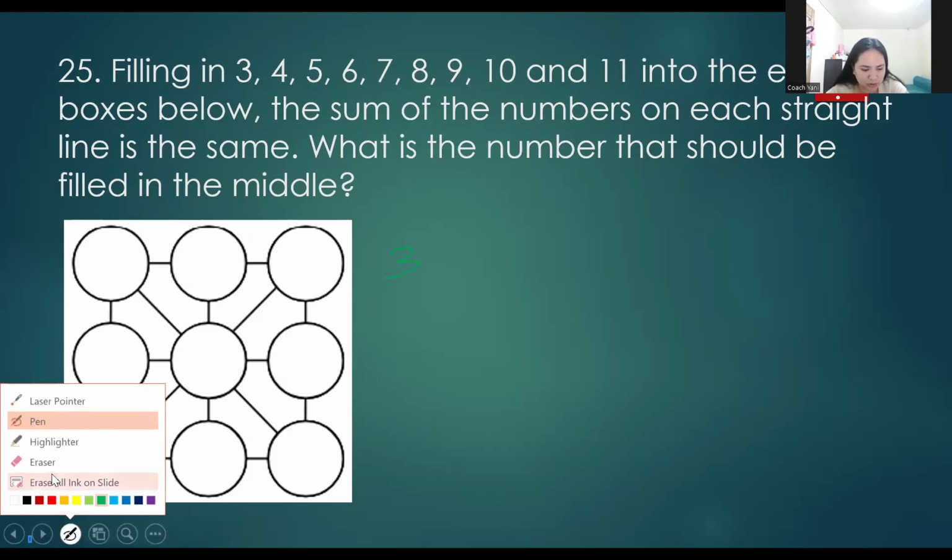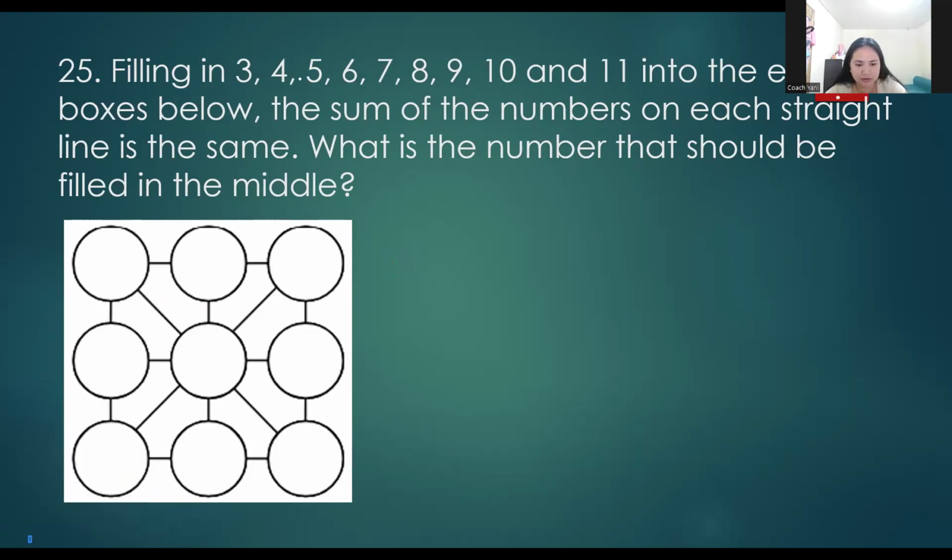Let me change my color. You just need to add these numbers. What is the total of this one? Can someone tell me the total?